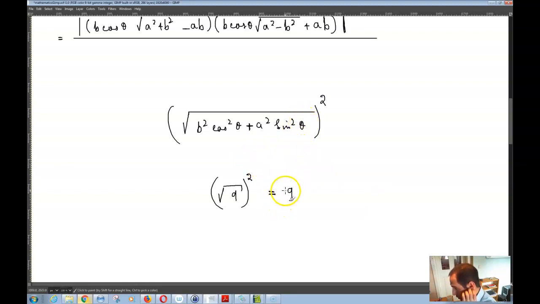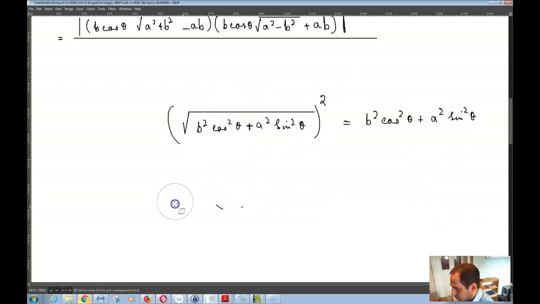So when you have this expression, you can simply write it as b squared cos squared theta plus a squared sine squared theta. Okay, there is no problem with this.